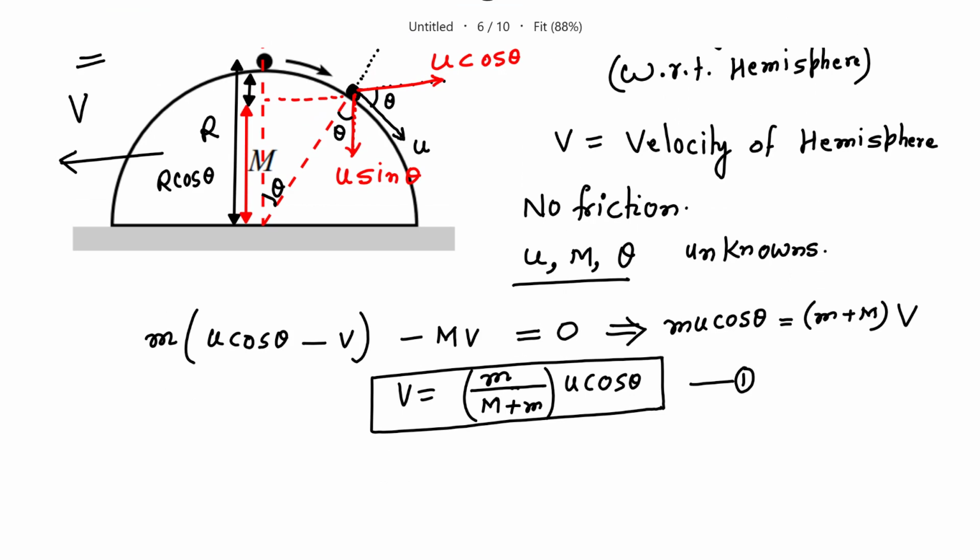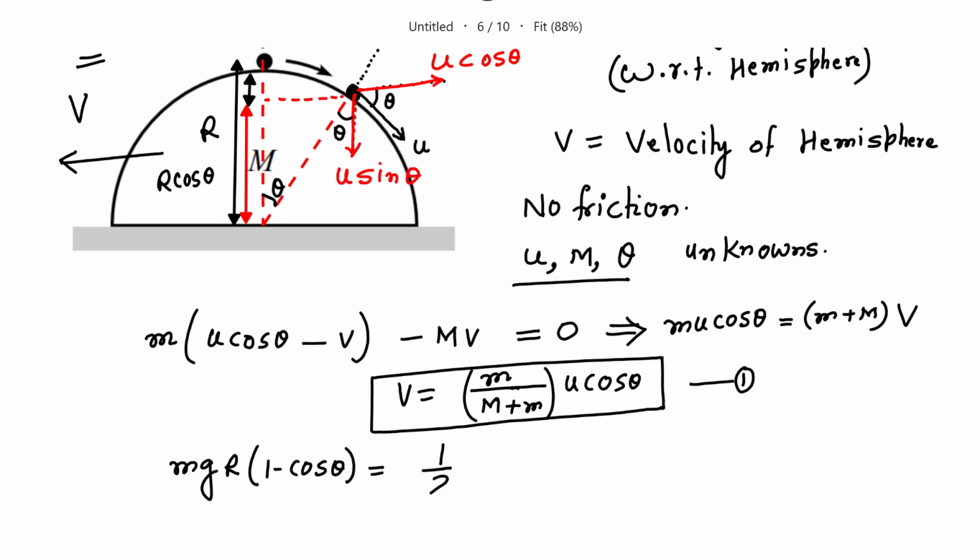So from energy conservation, we will have the loss in potential energy, that is mgr (1 minus cos theta), equal to the gain in kinetic energy.